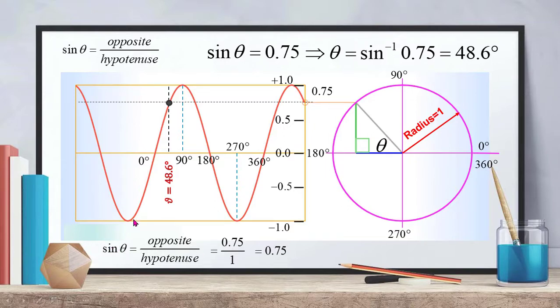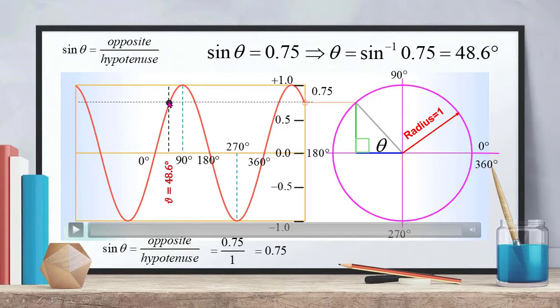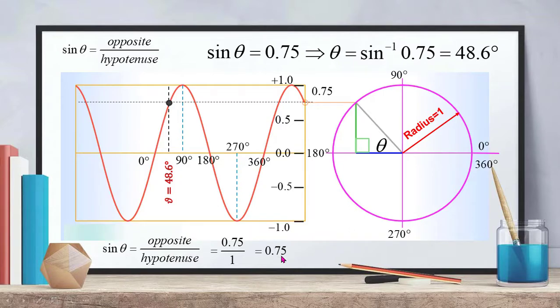This curve at this angle has a value of 0.75, which is exactly equal to the opposite divided by the hypotenuse. Same value. Hence, we conclude that the sine of theta is equal to the opposite over hypotenuse.